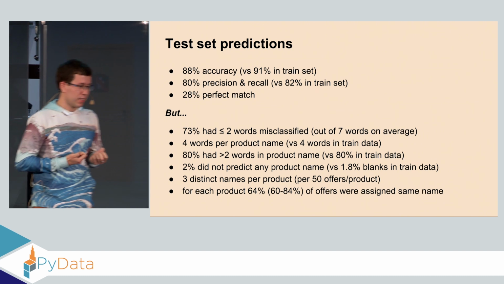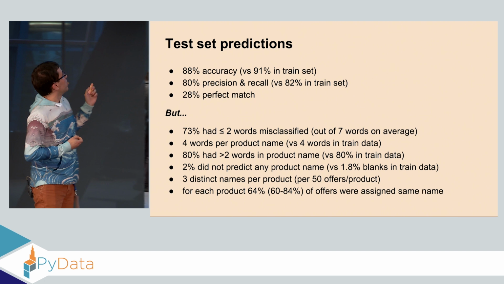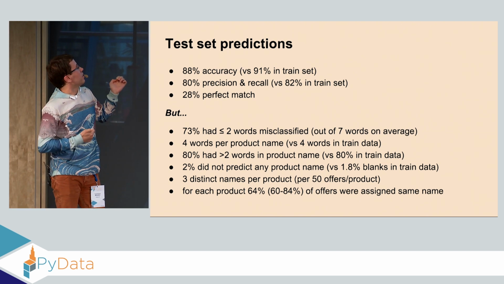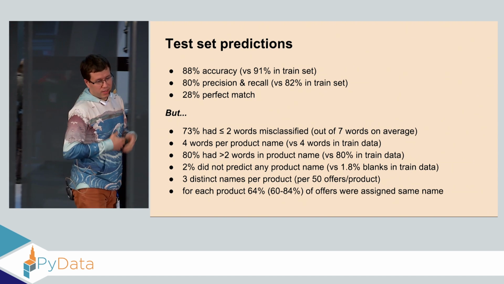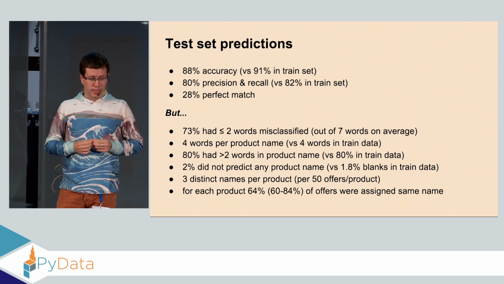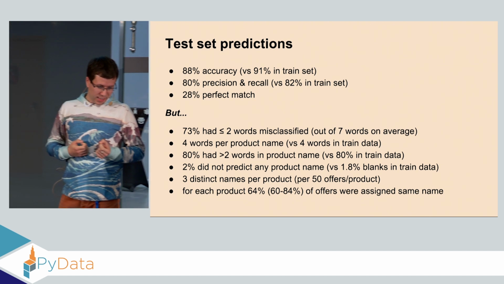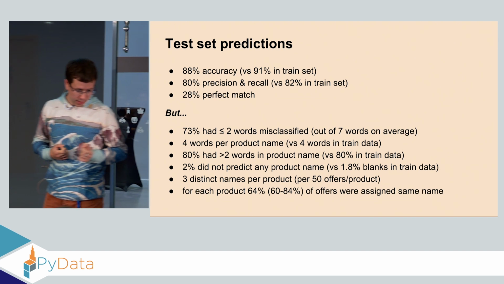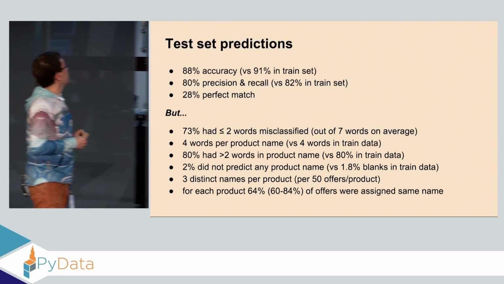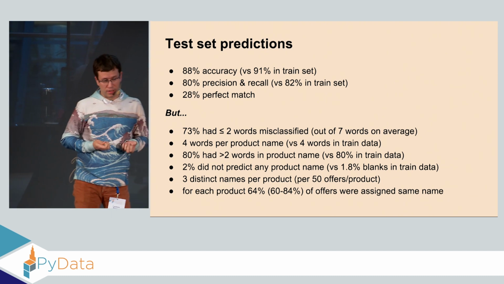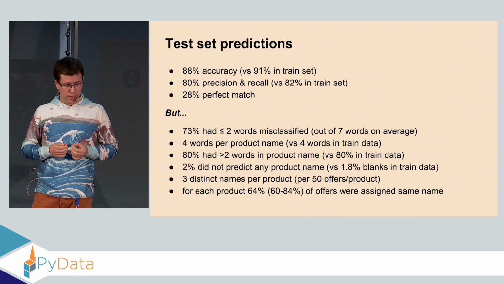But you can look, for example, at how often it predicts very short names. And it doesn't. It predicts names that are like 4 words, at least 2 words. So it seems that it's pretty reasonable. Also, it rather doesn't happen that it doesn't predict anything. It happens with a similar frequency as in real data.